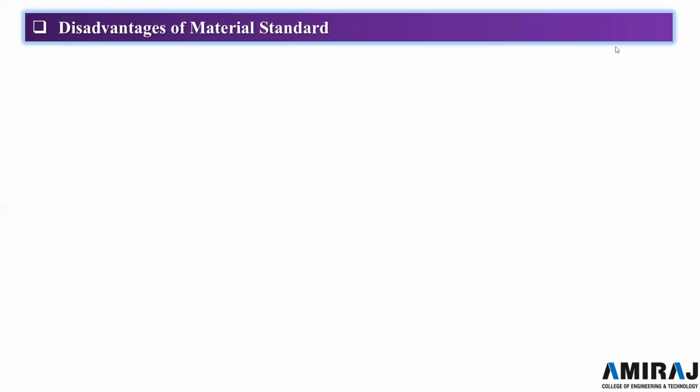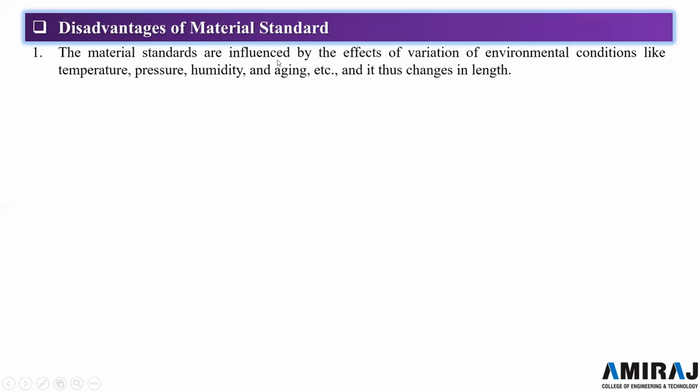Now there are certain disadvantages of material standards. The material standards are influenced by variation of environmental conditions like temperature, pressure, humidity and aging, and thus their length changes.